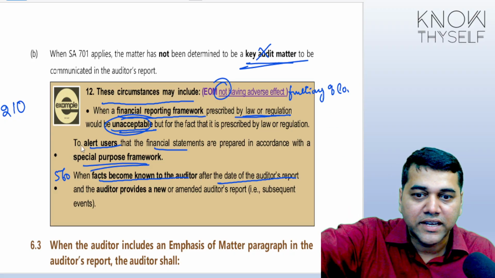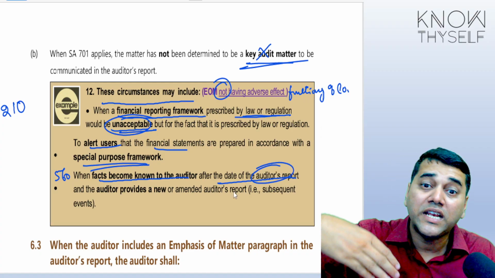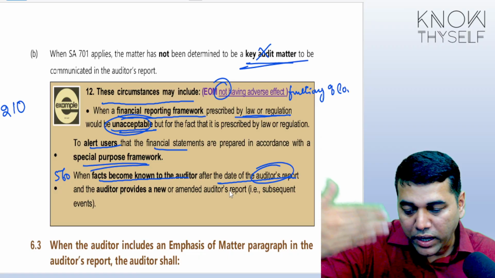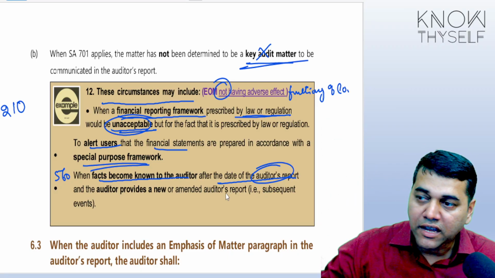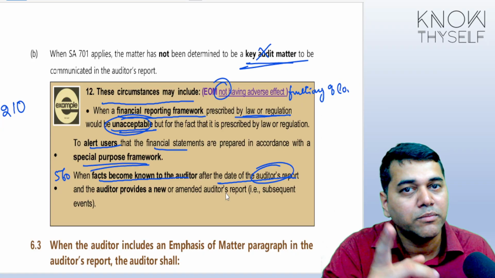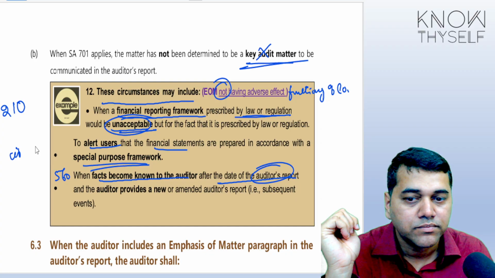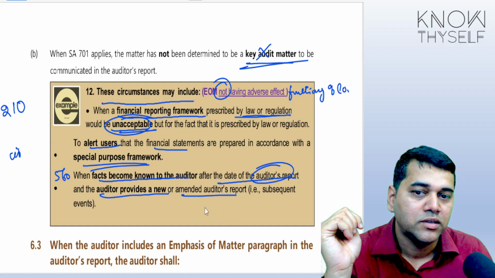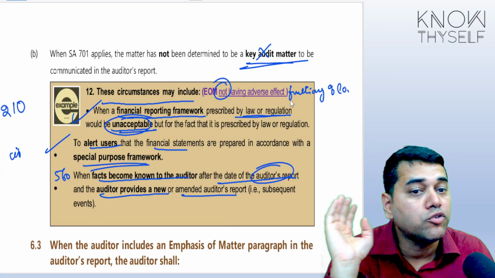If the management has agreed, and the date of the auditor's report has already been issued, then you will give the revised report, and in the other matter paragraph you are going to say why we are revising it, because previously I had issued one report, I have come across one new fact, and because of which we amended the financials. You remember that incentive of 4,800 crores that was supposed to be issued, that exam question. And the auditor provides a new or amended report. So these are all examples of emphasis of matter where functioning is not affected.